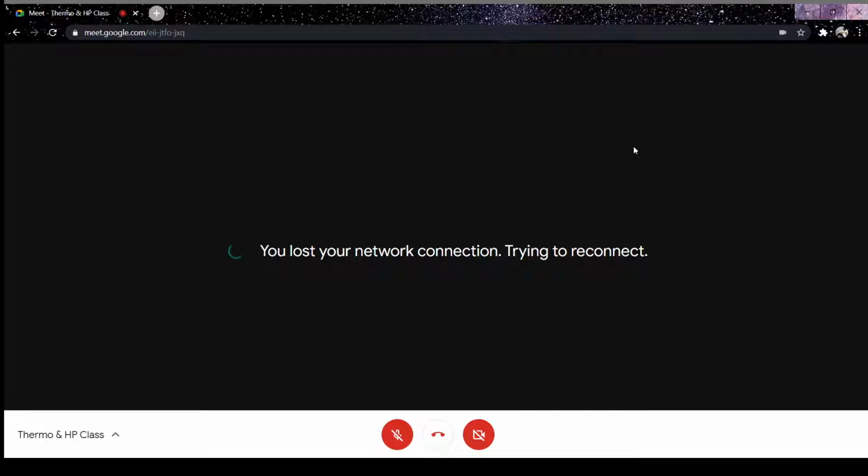Obviously, electricity or power is required to drive this pump. That power is WP here.